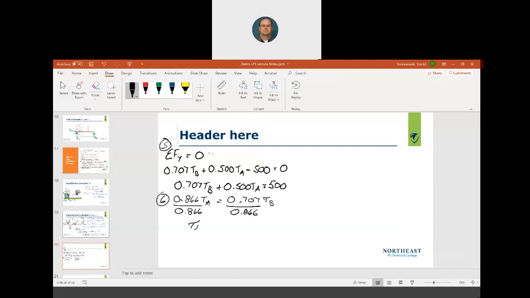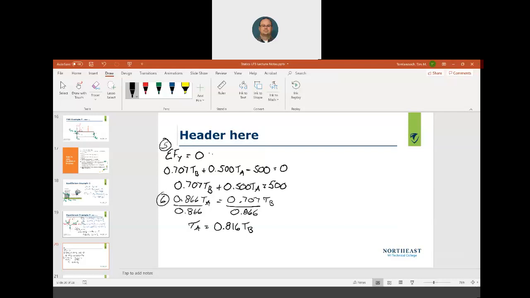Then I get TA equals 0.707 divided by 0.866, which equals 0.816. So TA equals 0.816 TB. I can divide these out because they're common variables, they're numbers.